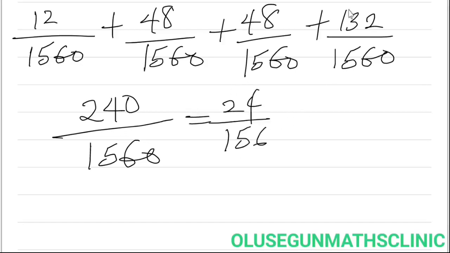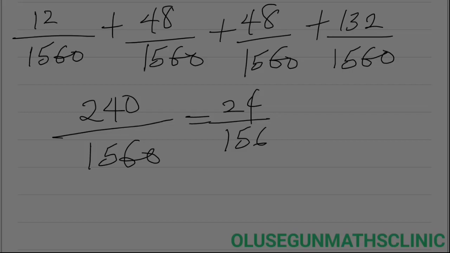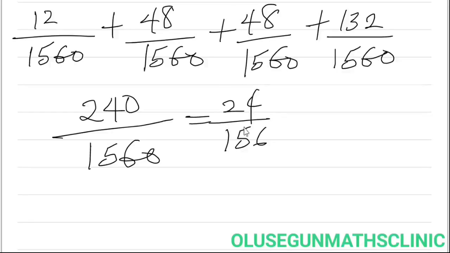So therefore, the 24 over 156, by the time we reduce it, we have 2/13. So this is the final answer for question 5B. So we still continue to question 6.